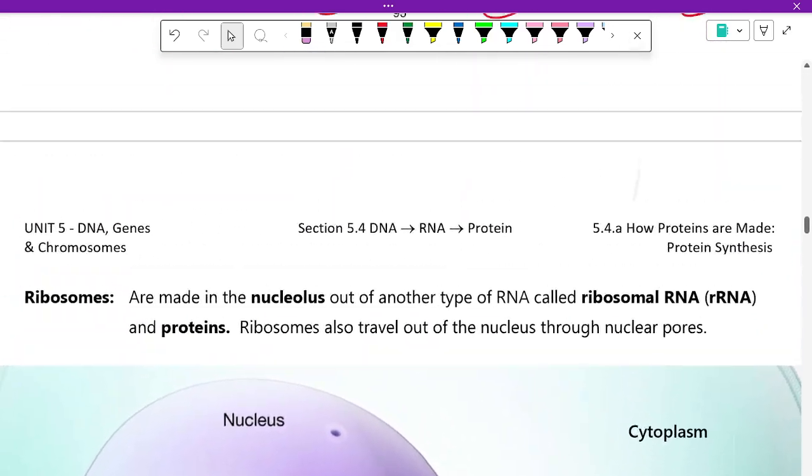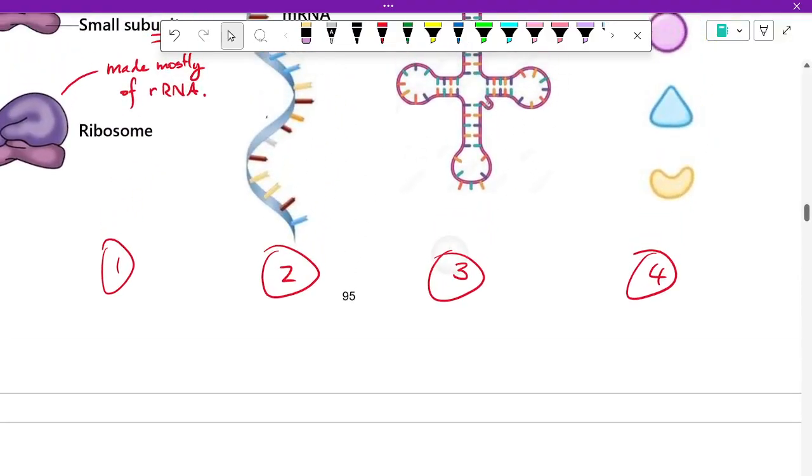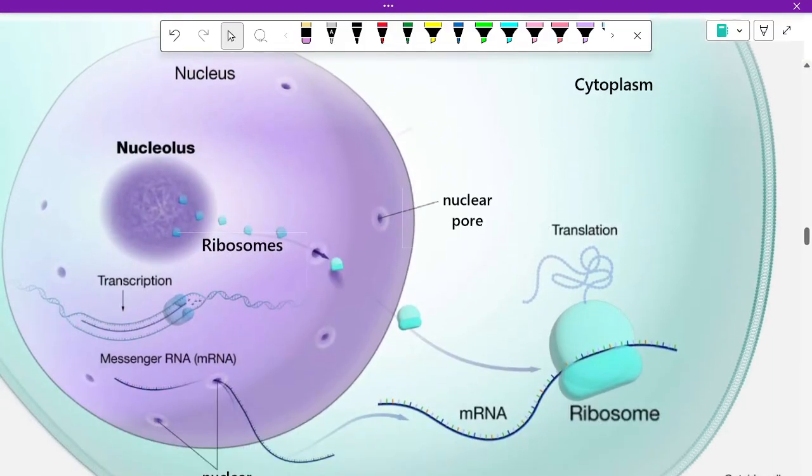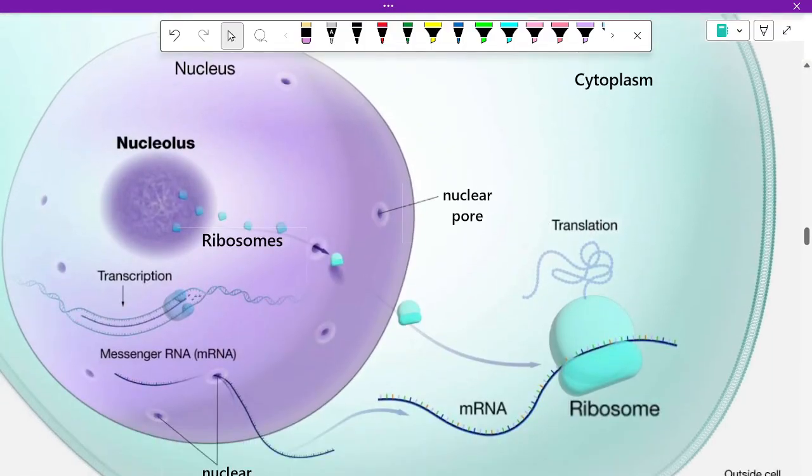Now, where are the ribosomes made? Ribosomes are made in the nucleolus.